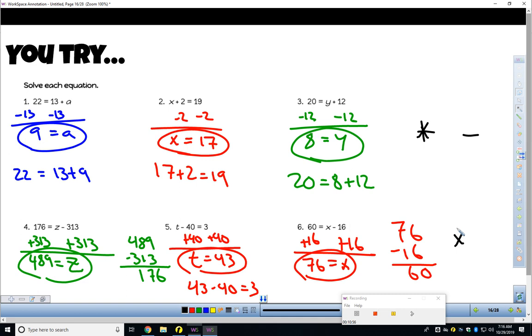And then down here, these were all subtraction, and so the inverse operation there is addition. Again, in each one, I showed the step that I was doing, I showed what was left over, and then I also checked to make sure that my variable was correct. That is the amount of work I should see when you're solving one-step equations.